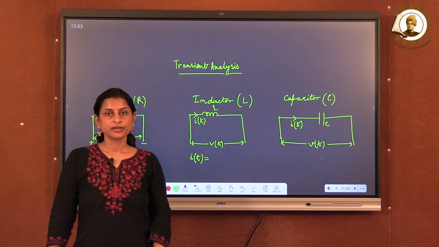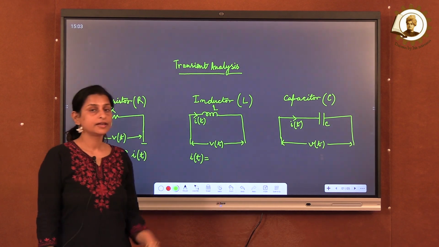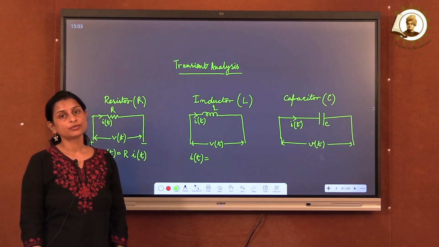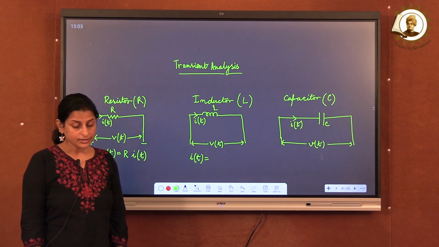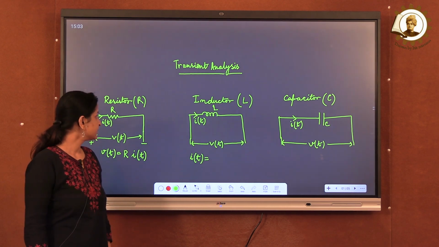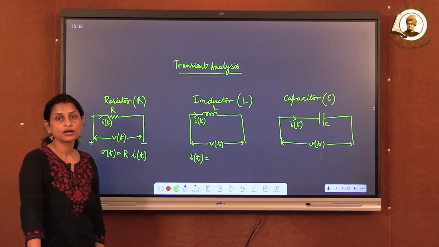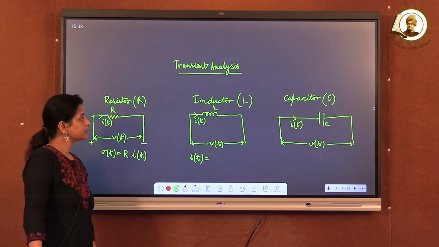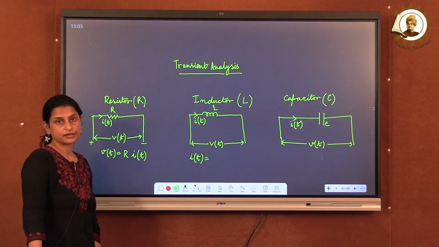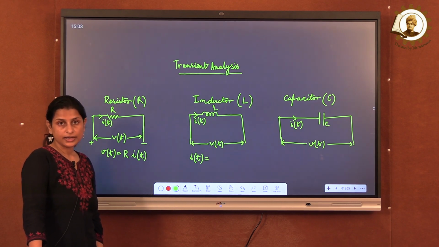So today I'll be giving a lecture on transient analysis from network theory. In transient analysis, the basic components which a network comprises of are resistor, inductor and capacitor. Inductor and capacitors are the energy storing elements.